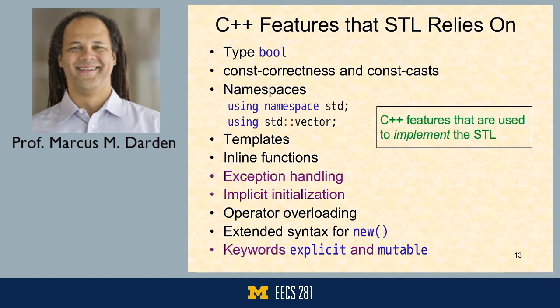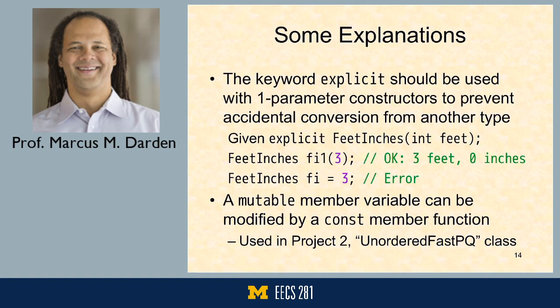Inline functions are used by the STL, stuff that we won't talk a whole lot about, exception handling and implicit initialization. Operator overloading is done in the STL quite a bit, and we've got an extended syntax for new that's used in the STL. And other things that are also used are the two keywords explicit and mutable. So explicit is used to help us, well, we got a slide on that, so we'll go to it, right?